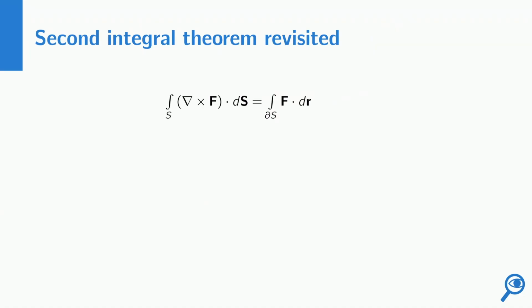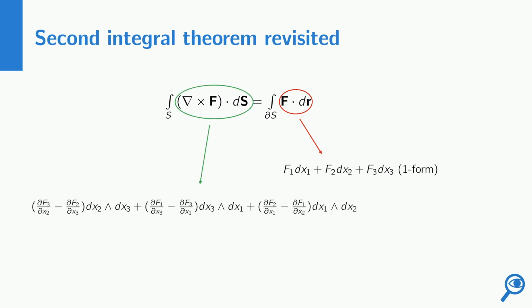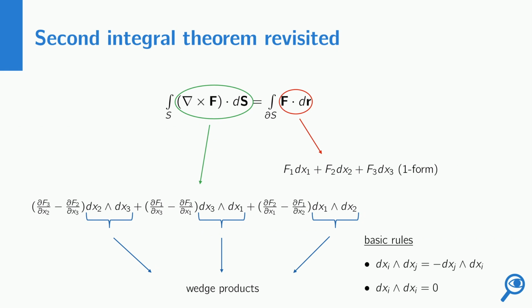On the right-hand side, we have, under the integration symbol, the 1-form shown here. On the left, we have the expression shown here, which is a differential form of order 2, also called a 2-form. The 3 expressions indicated here are called wedge products. The basic rules for such products are shown here.